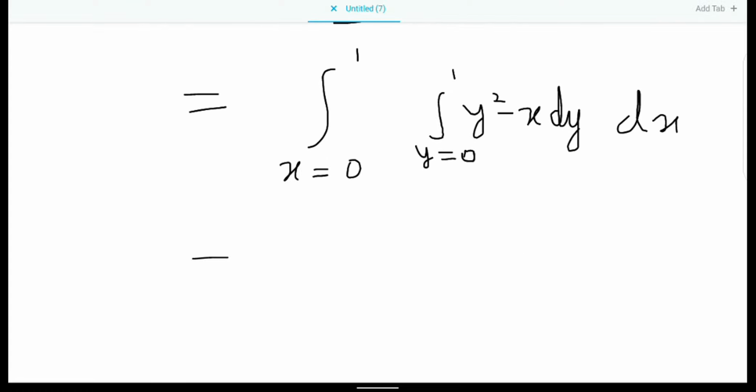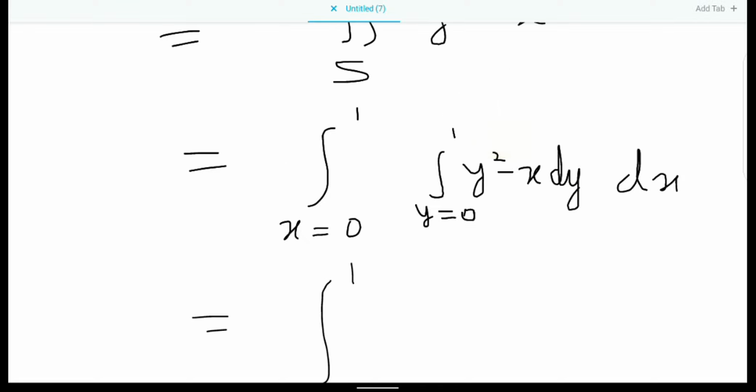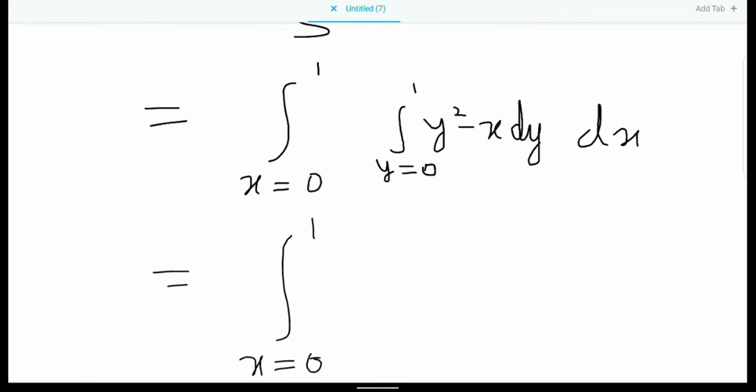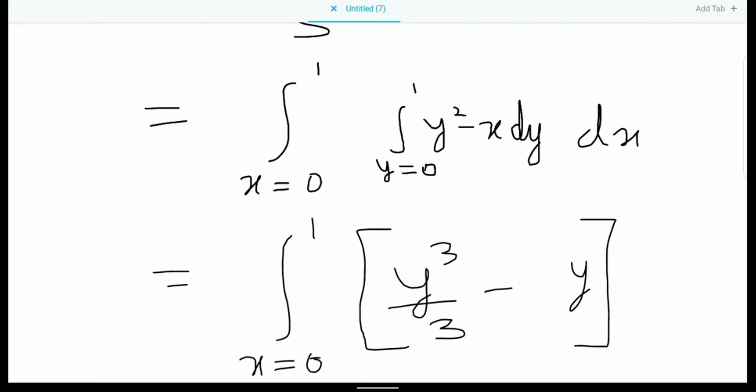Now we want to integrate with respect to y first, so let's keep x changing from 0 to 1 as it is. The integral of y squared dy is y cubed by 3, minus the integral of x with respect to y, which is xy, because when integrating with respect to y we treat x as a constant. Now y is changing from 0 to 1.